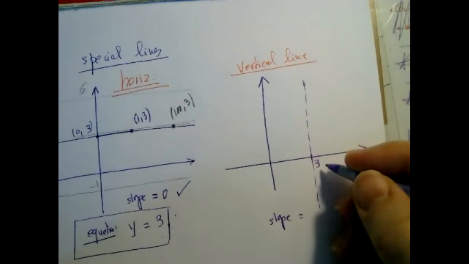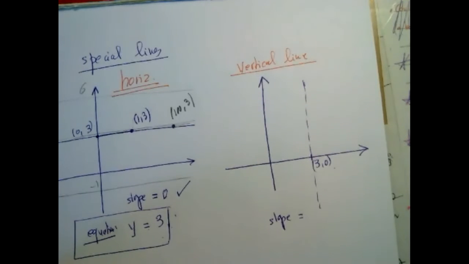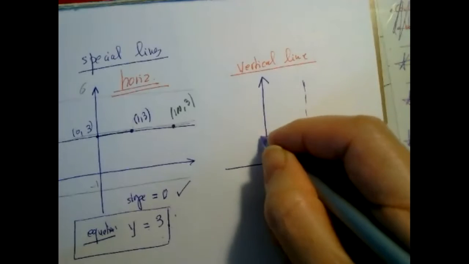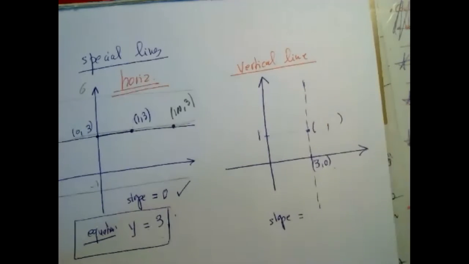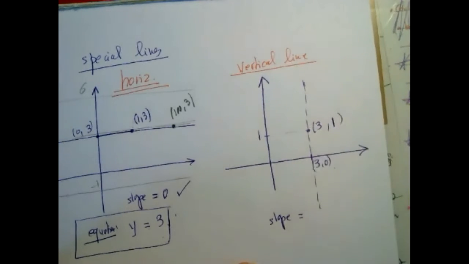So I have 2 points. That's a point. Another point. Suppose this is 1. What are the coordinates of this point? Quickly, what are the coordinates of that point on the graph? It's 3, 1. So what's the slope?